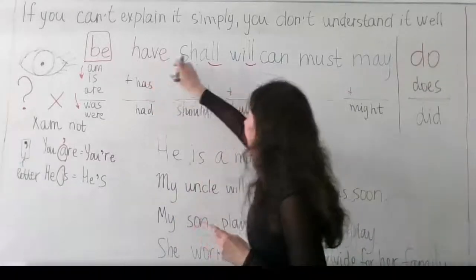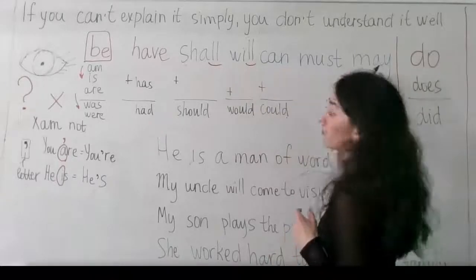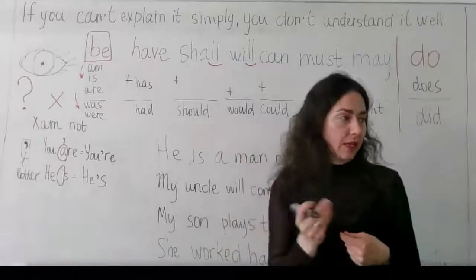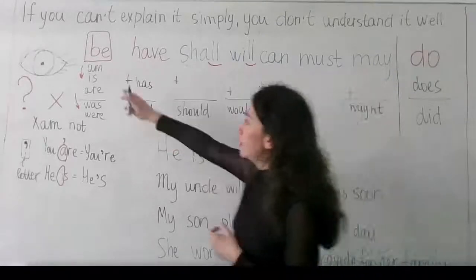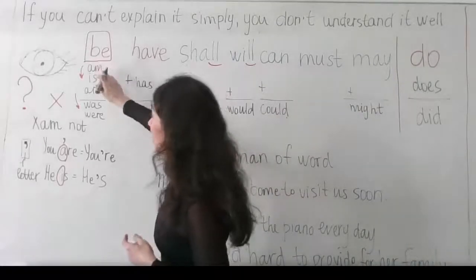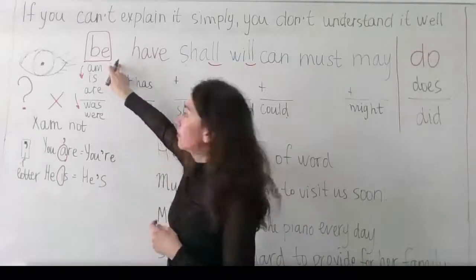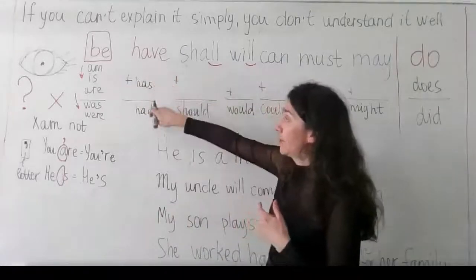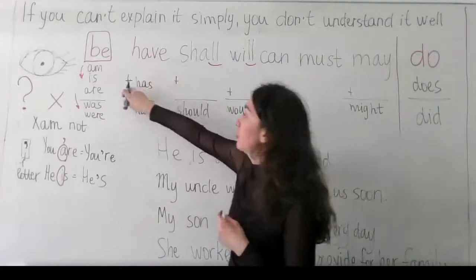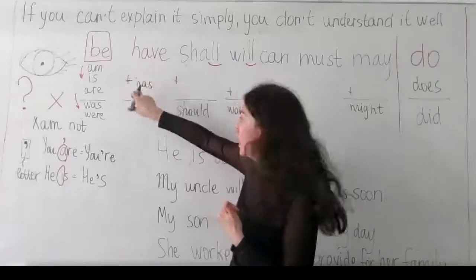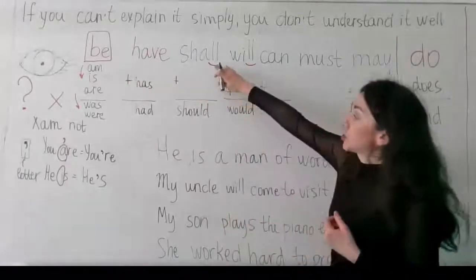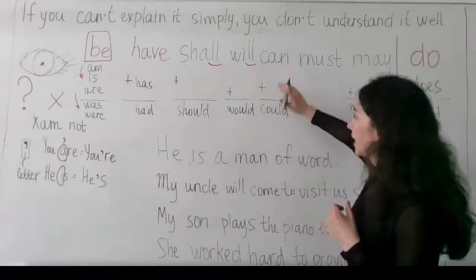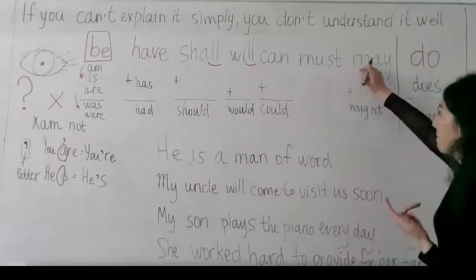So today, I've added some other verbs that can be auxiliary verbs when they are used in sentences. So look, if we have one of the forms of be, like am, is, are, was, were. One of the forms of have: have, has, or had. Shall or should, will or would, can or could, must, may or might.